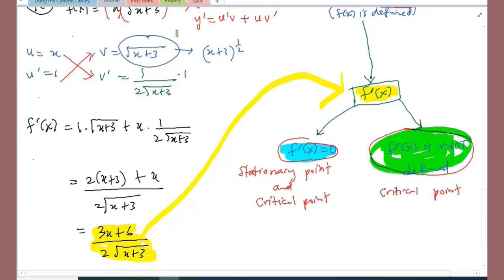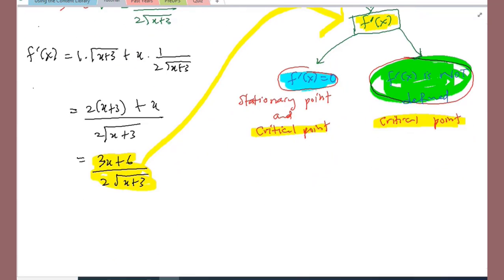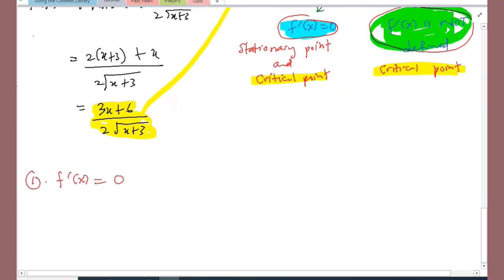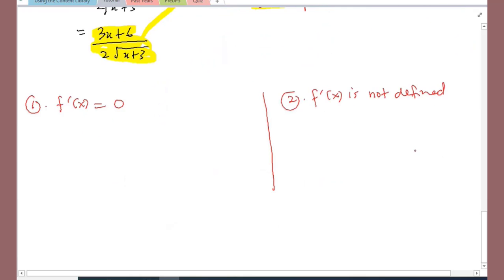First, test f prime of x is equal to 0, the first case. Second is when f prime of x is not defined. So you have to check two cases.